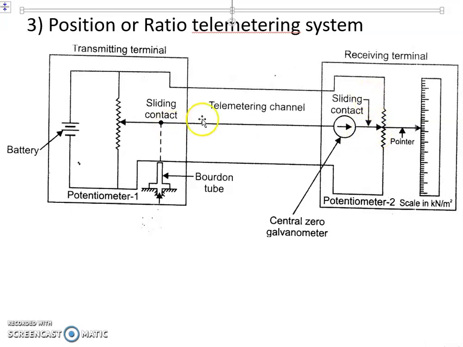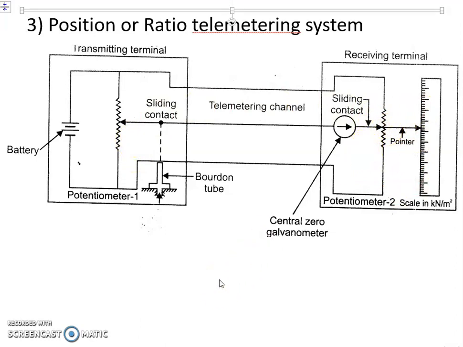So therefore the voltage change across the two potentiometers will be equal, which can be read on the scale which is calibrated. The voltage scale is calibrated in terms of pressure. So in this way, the measured pressure can be transmitted from transmitting terminal to receiving terminal.